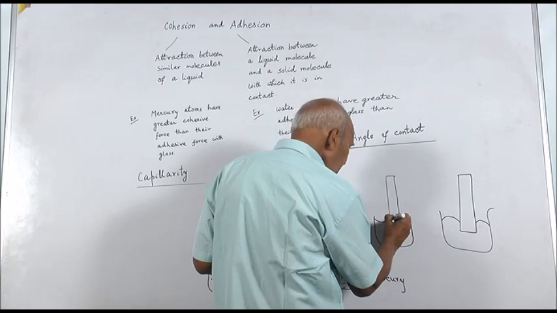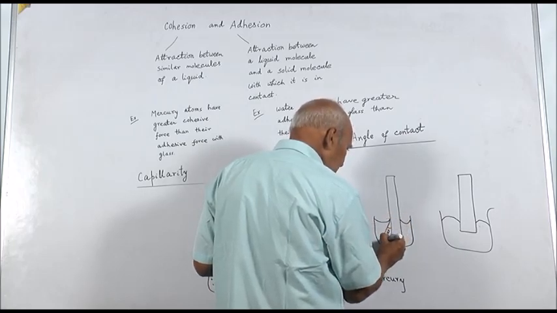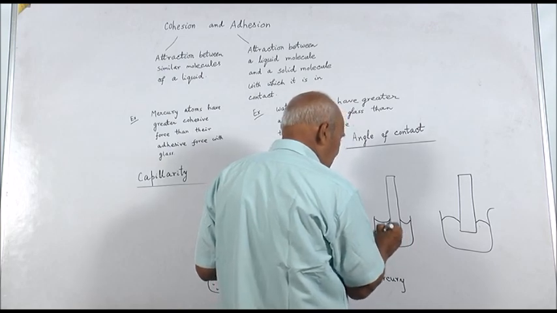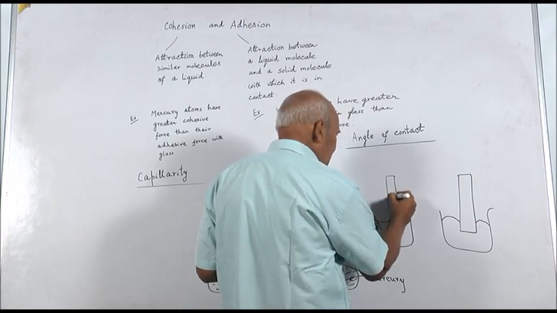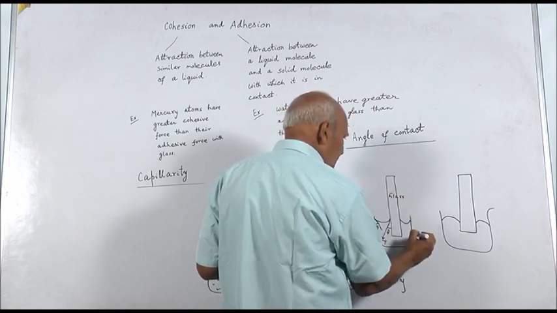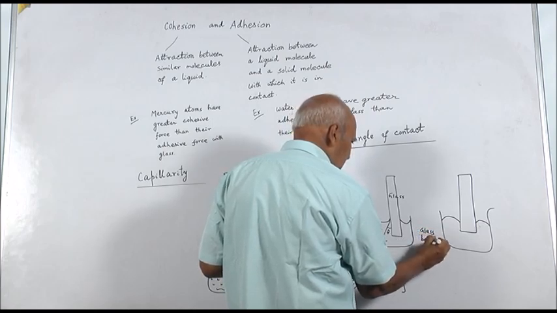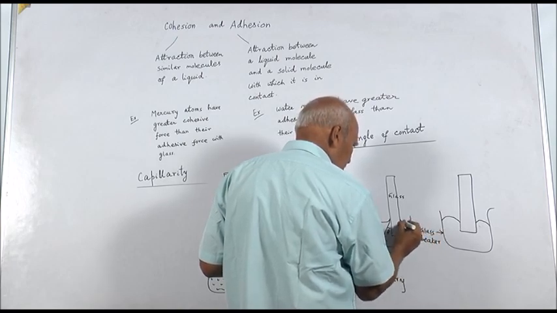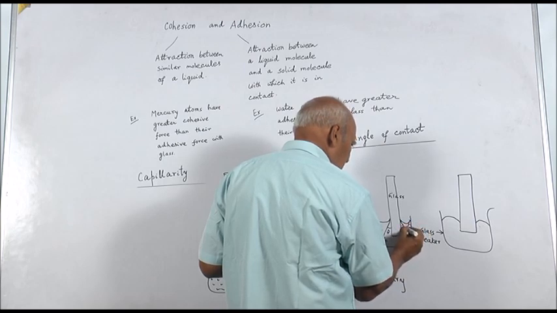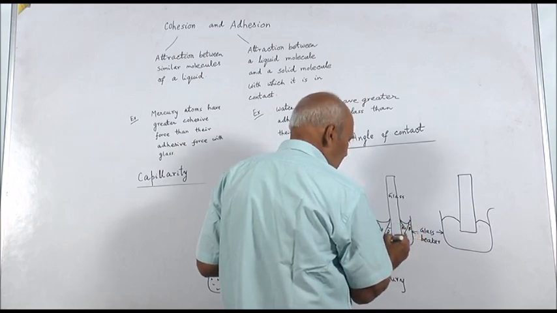Then if you draw a tangent T, say, all are glass, this is a glass beaker, this is theta, this is theta.